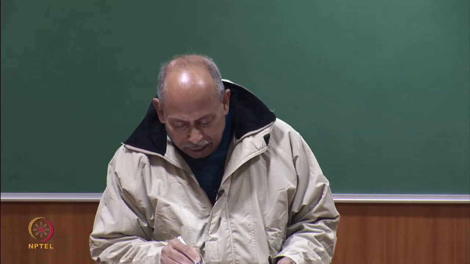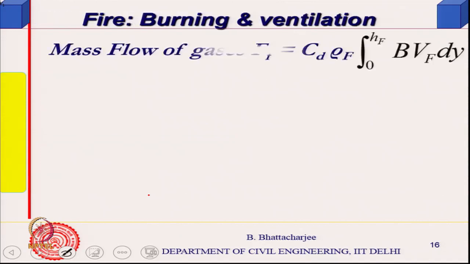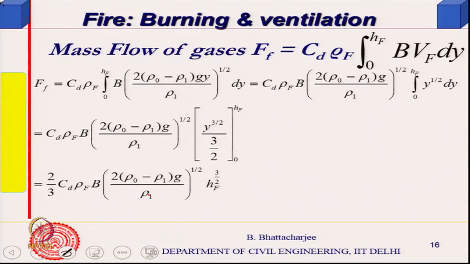And the second thing is another expression: HF plus H0 must equal capital H. So, these two ratios, if I integrate from 0 to HF, I get y to the power half, and this y to the power half integration would give us y to the power 3 by 2 divided by 3 by 2, and the rest is all outside the integral sign.